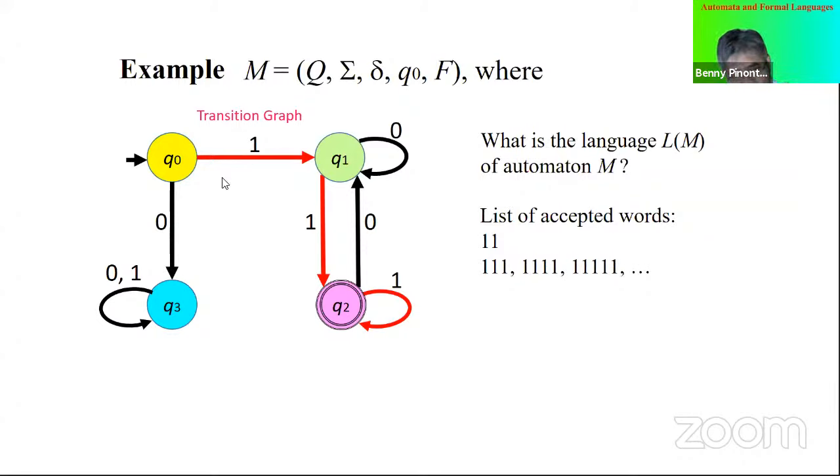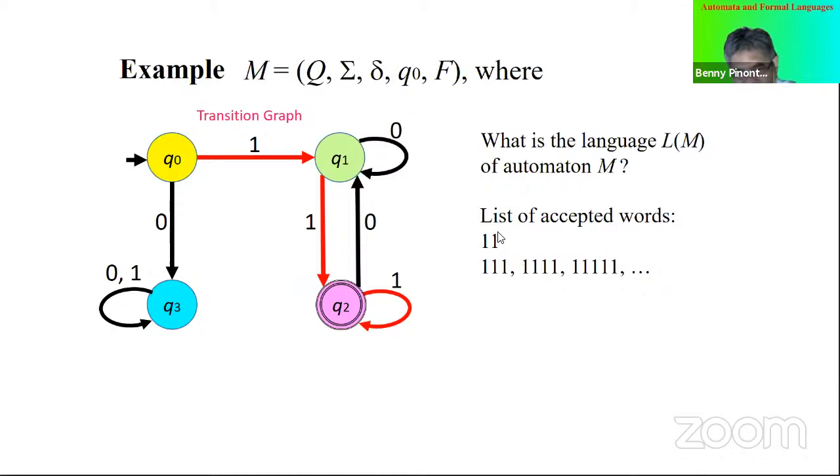And if we do 3 loops, then we have 5 ones, and so on. So all strings containing only ones belong to the language, except a single 1. You have to start from 2 ones, 3 ones, 4 ones, and so on.